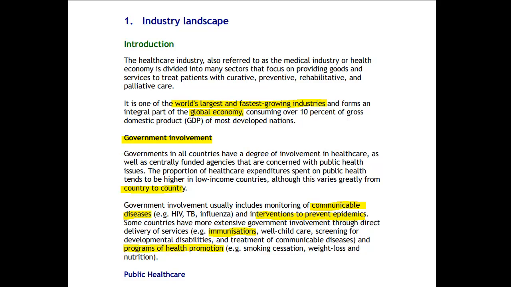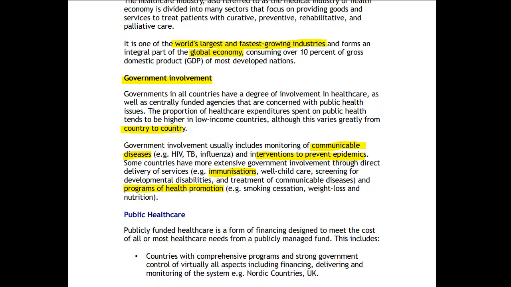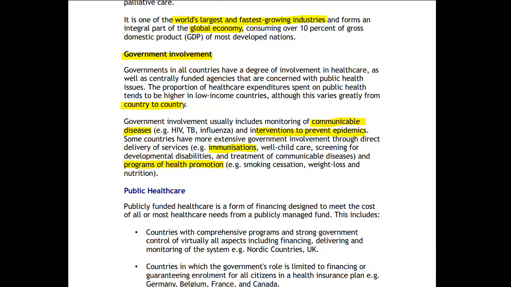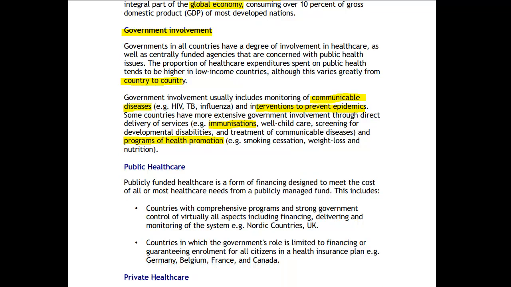But it can be the case that in some countries, there is a publicly funded healthcare system. So a central government fund is set up, which essentially ensures that all citizens in that country can receive healthcare. And this is the case in countries like the Nordic countries of Sweden, Finland, Denmark, and the United Kingdom.